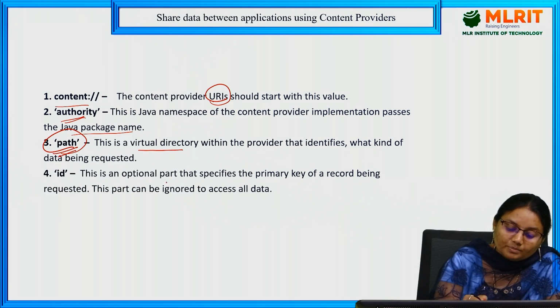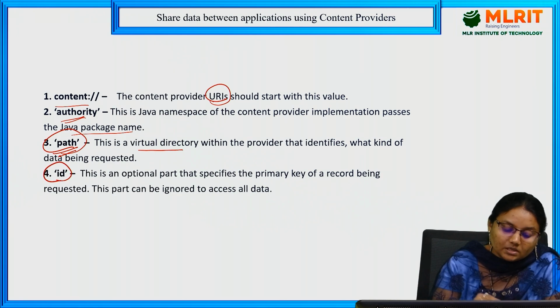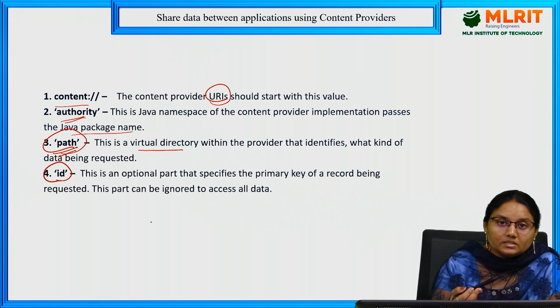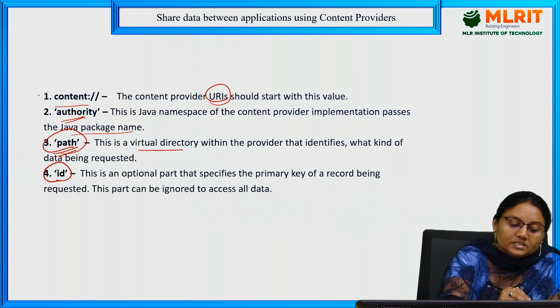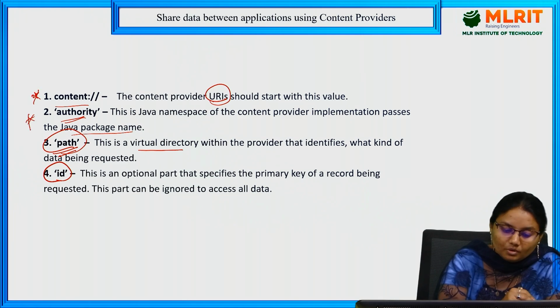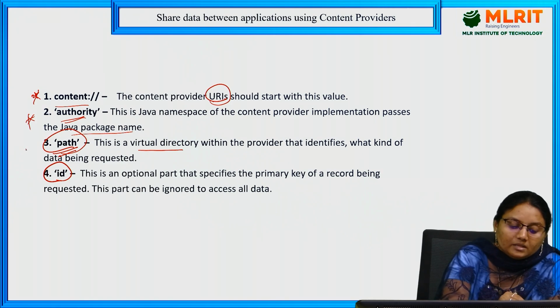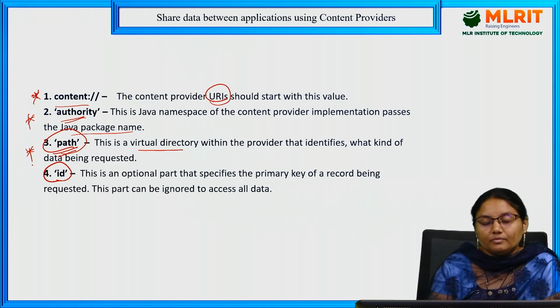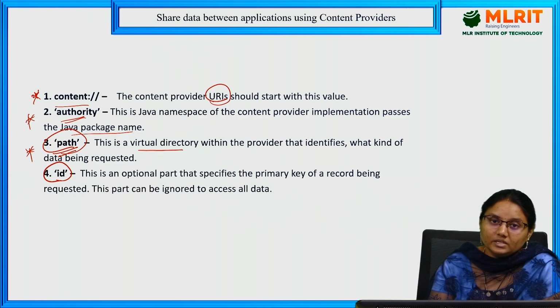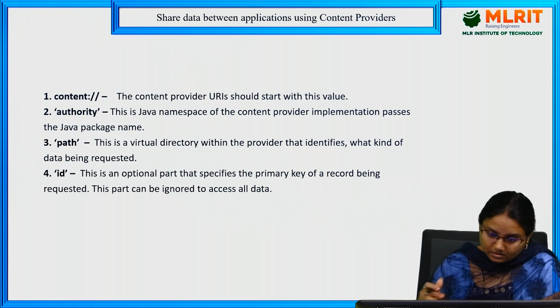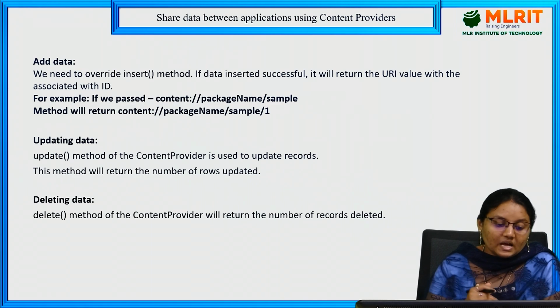ID is an optional part that specifies the primary key of the record being requested, and this part is ignored to access all the data. So content is a major part that you need to give, authority to know the namespace, and path to know the virtual directory where the content provider has to identify it. So all these three are mandatory.